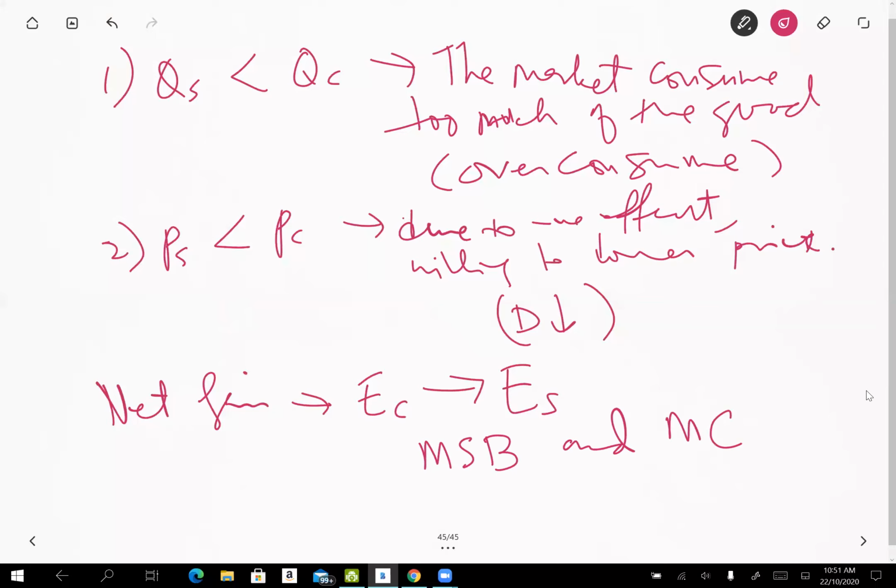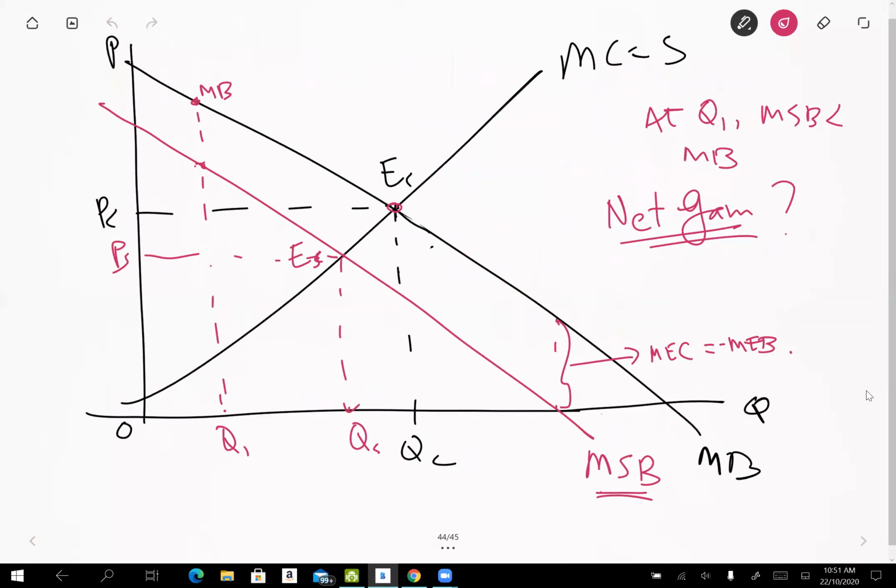So you look at the marginal cost compared to the marginal social benefit. What can you say? At QC, you'll see the marginal cost is larger than the marginal social benefit.